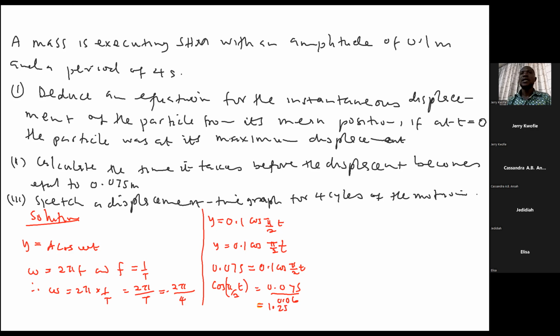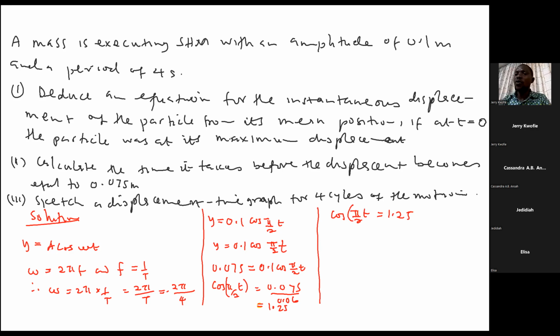All right, that is what we have, but we haven't finished. We want to get a time. So let me continue. You have cos of pi over 2 times t equal to 1.25. We want to work out the t. So what should we do?